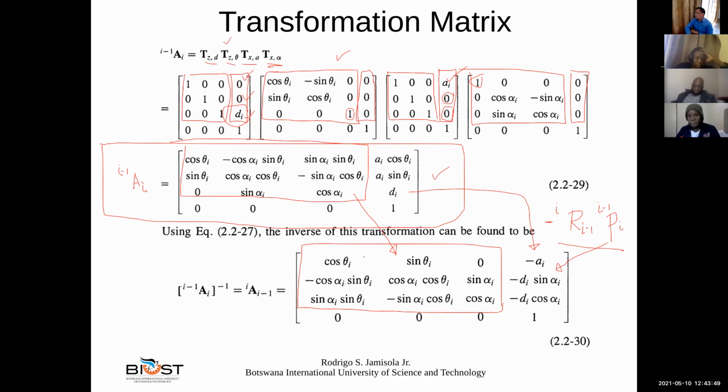If there are 2 frames, let's just say frame 2 and another frame 1, you have this vector 1p2. How do you express 1p2? This vector is expressed with respect to frame 1, right?